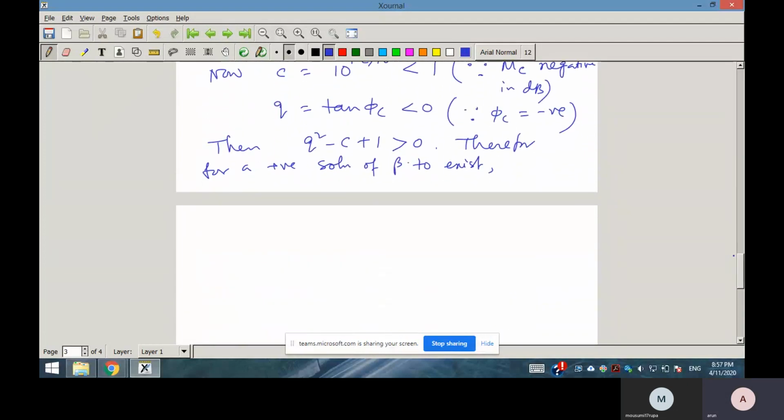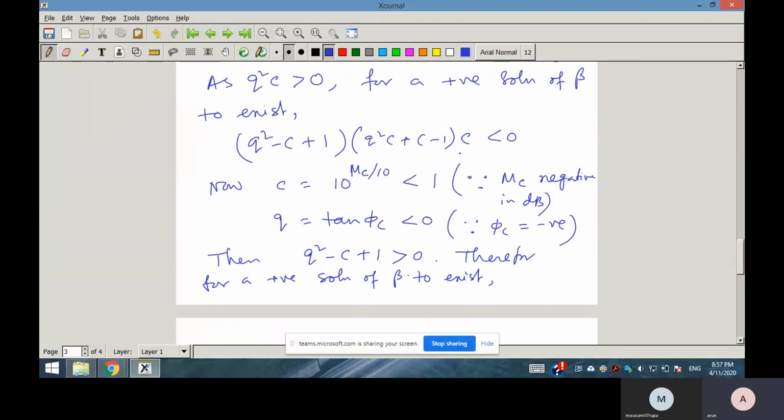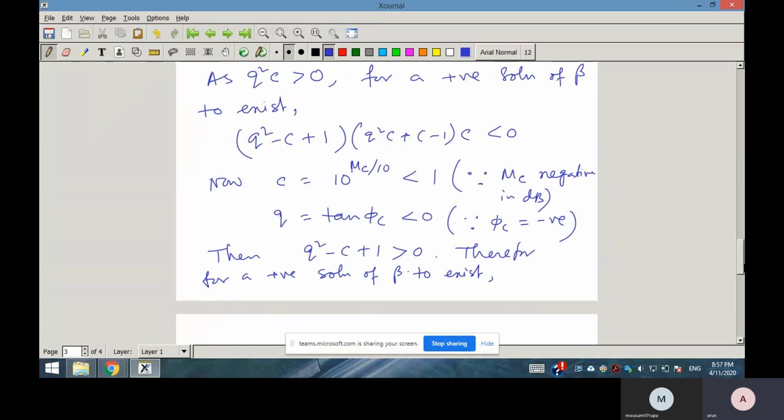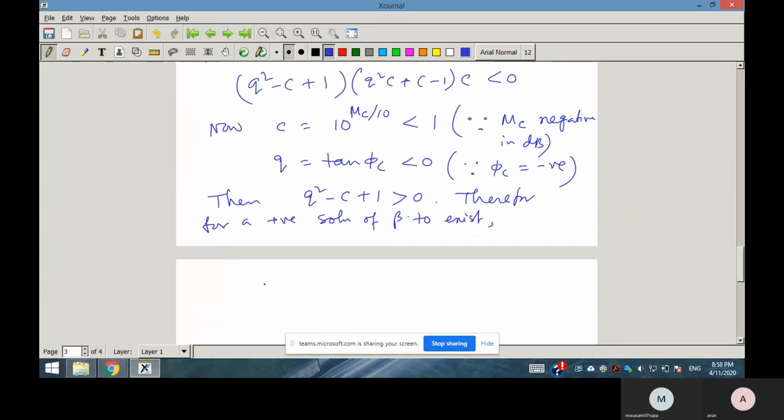For a positive solution of beta to exist, the other factor should be less than 0. Now C is again greater than 0. So that's why this Q square C plus C minus 1 should be less than 0.